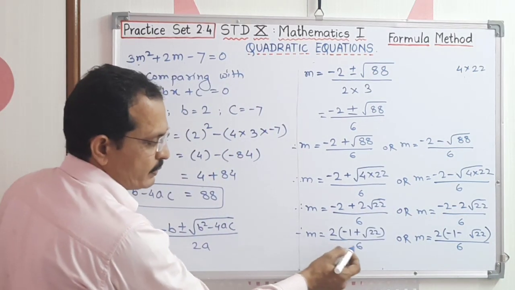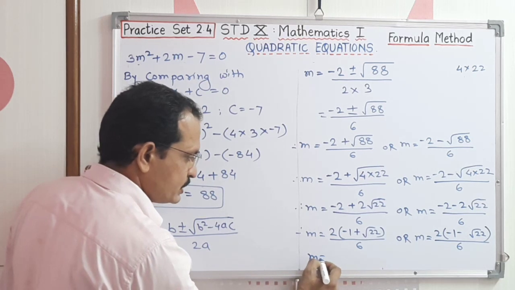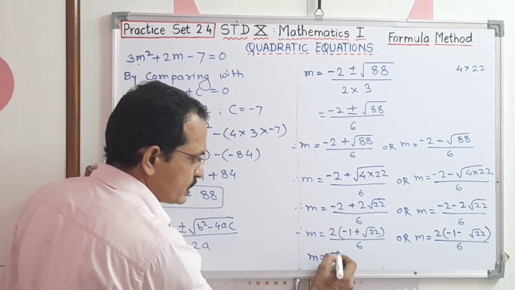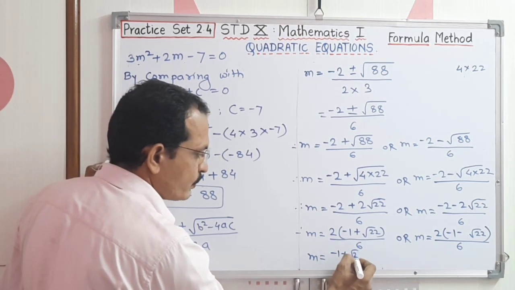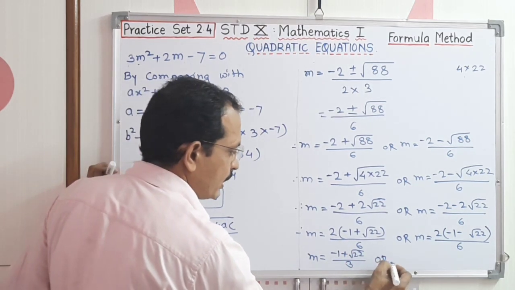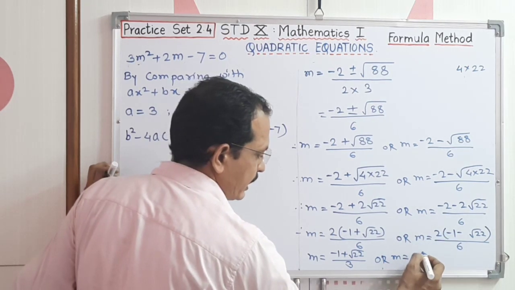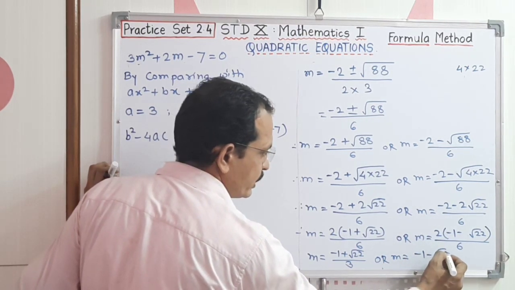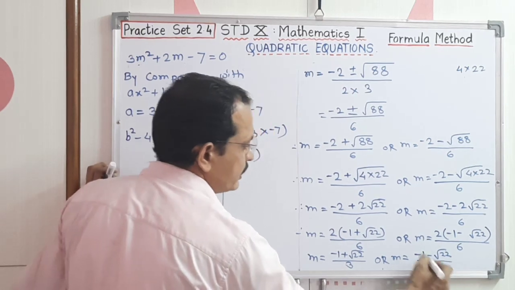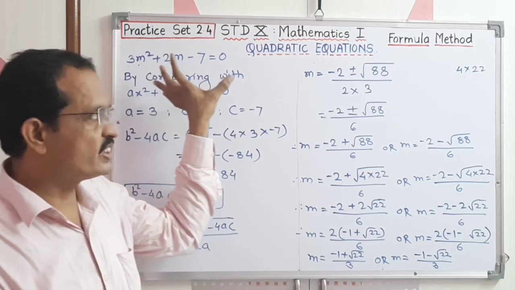Now we can simplify this. 2 1s are 2 and 2 3s are 6, therefore m is equal to minus 1 plus root 22 upon 3, or m is equal to minus 1 minus root 22 upon 3. These are the roots of this quadratic equation.